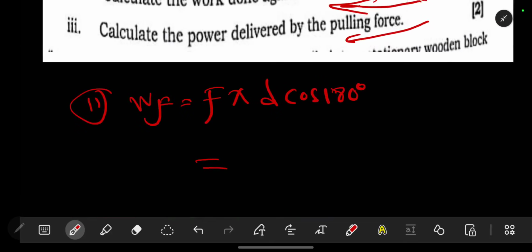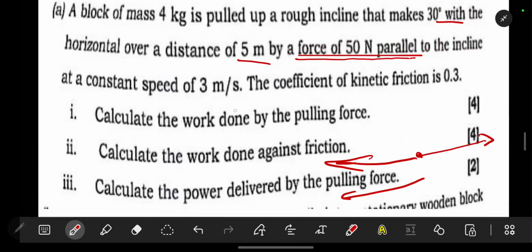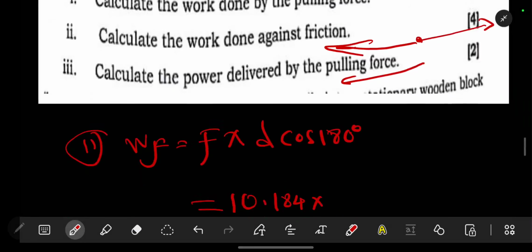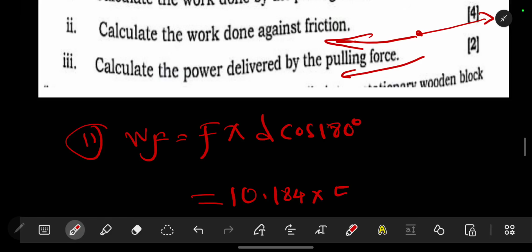So the frictional force is 10.184. The distance moved by the force will be the distance moved by the friction, because it acts at all points. The distance is 5 times the cosine of 180 degrees.